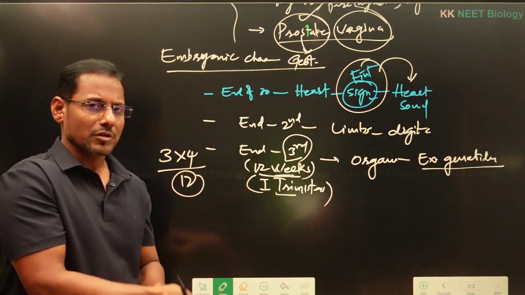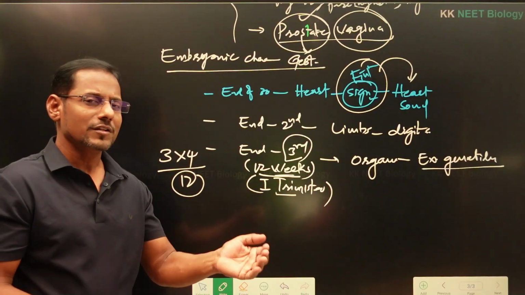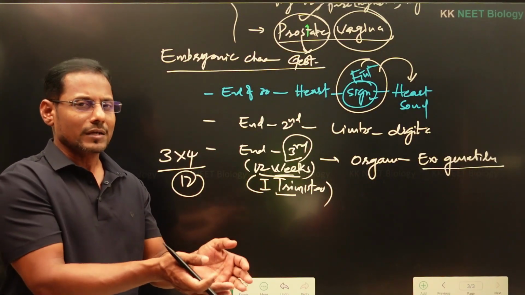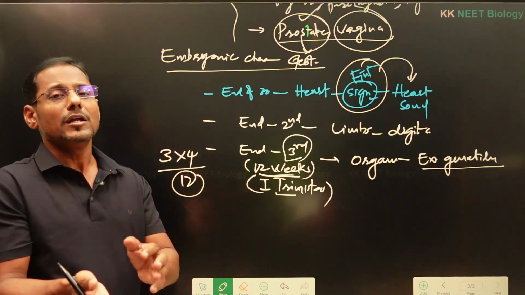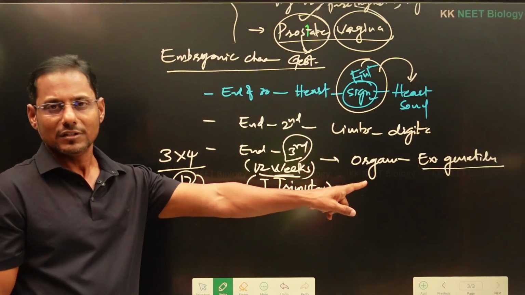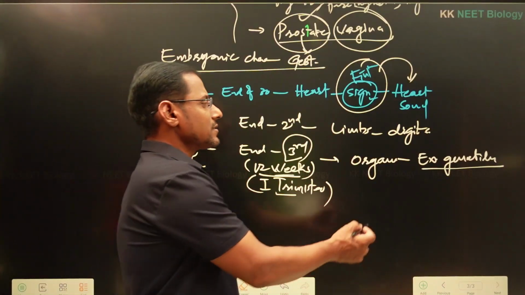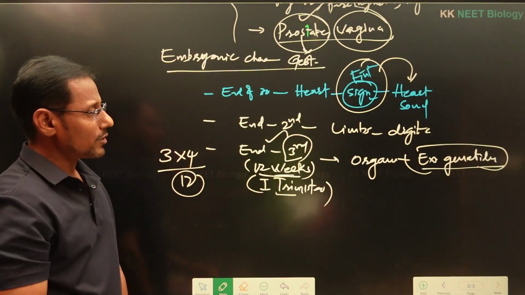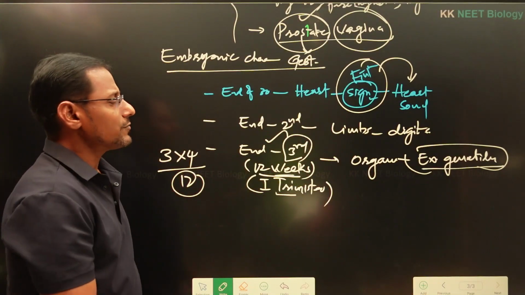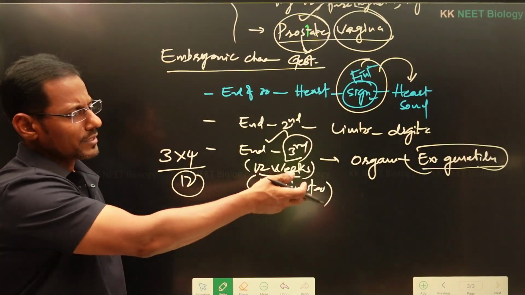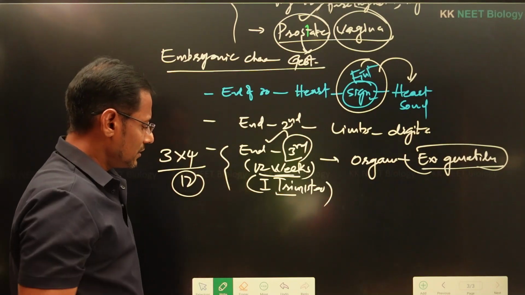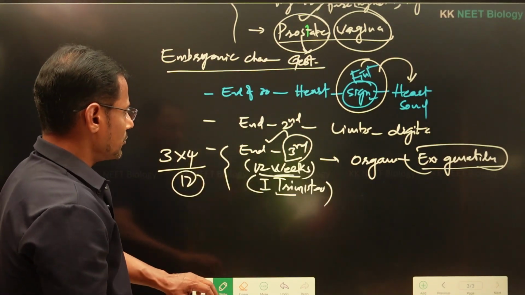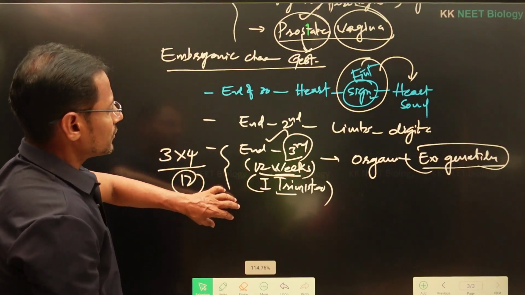If you check in the second month, you cannot recognize whether the fetus is male or female. You must check after the third month only. This is very important. All the organs and all the limbs are formed by the end of the first trimester, or after the 12 weeks.